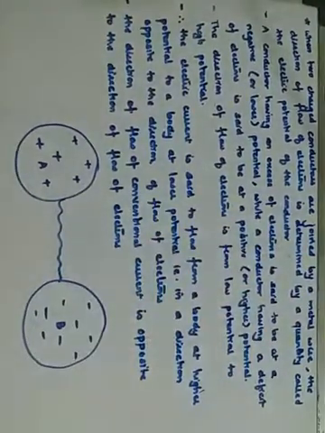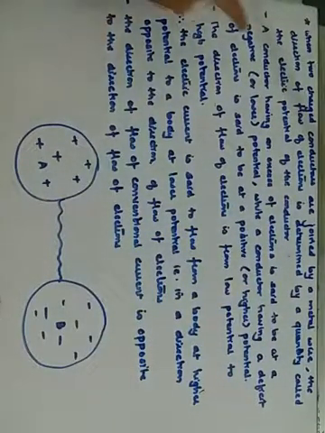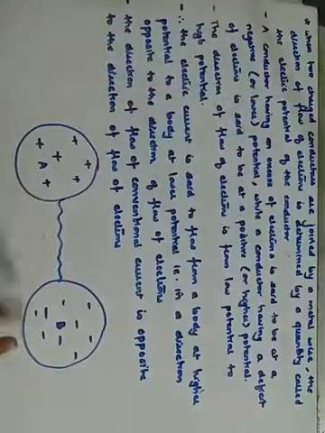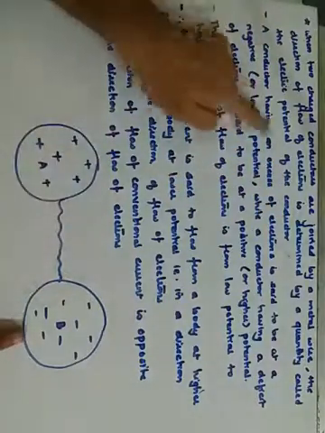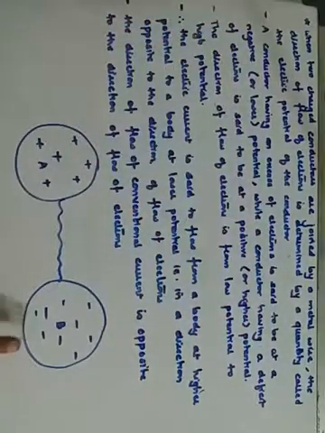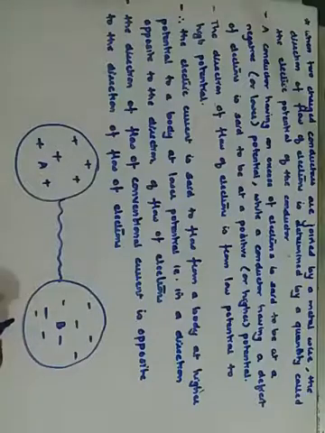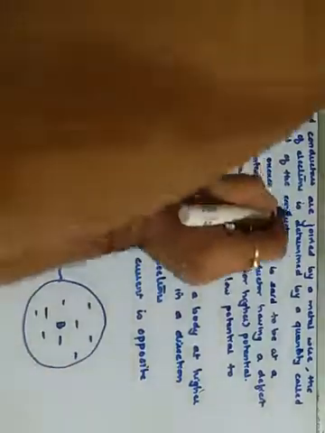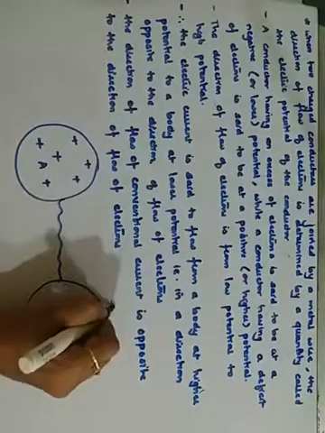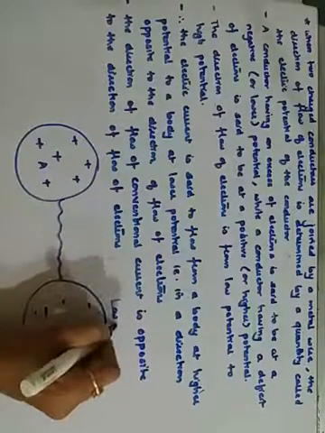Okay, now when there are two charged bodies, a conductor having an excess of electrons, excess meaning more, this one, is said to be at negative or lower potential. This is low potential.